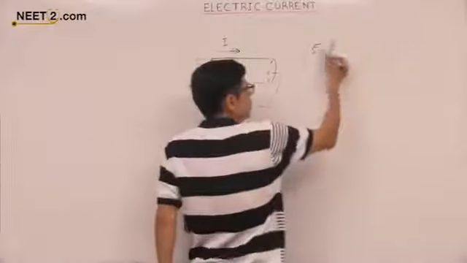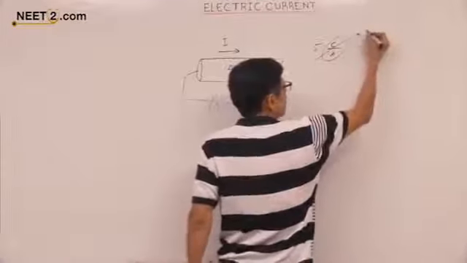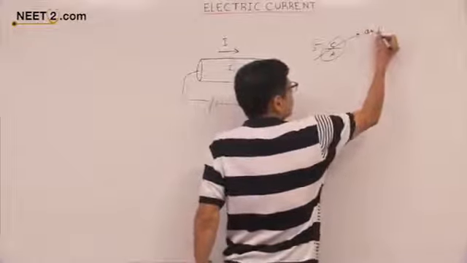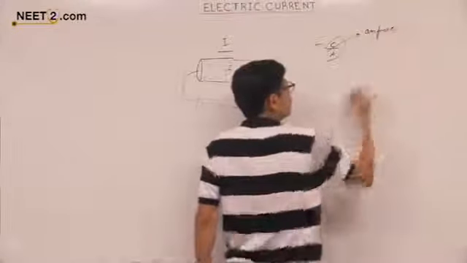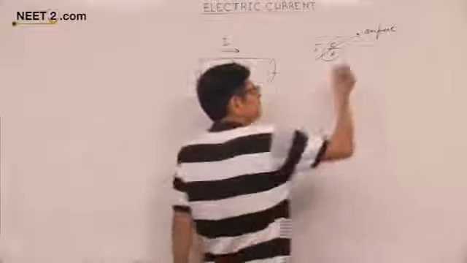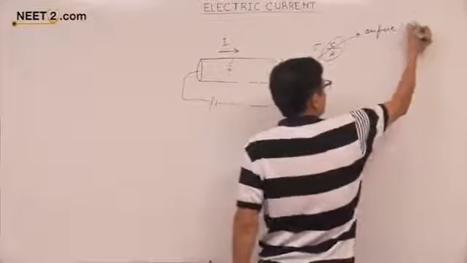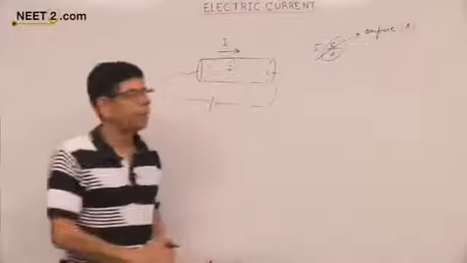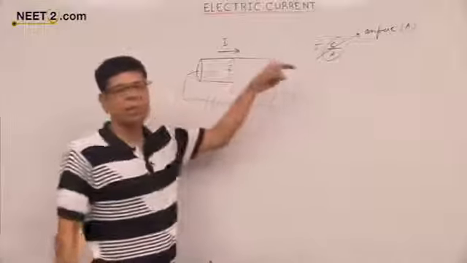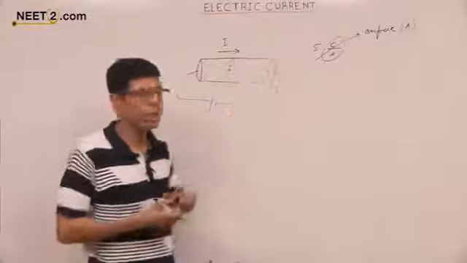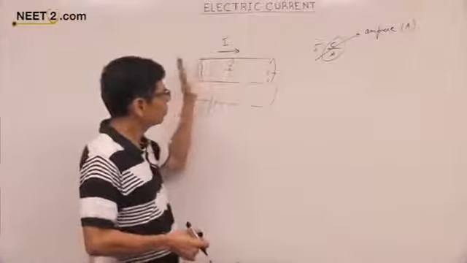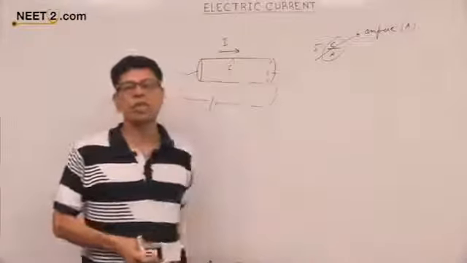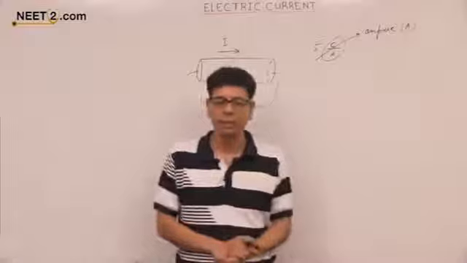Just that this is given a new name honoring Ampere, and it is called ampere. And in short, we use capital A. So we say 5 amperes of current is going. By that, what do we mean? We mean 5 coulombs worth of charge is rushing past that check post in 1 second.